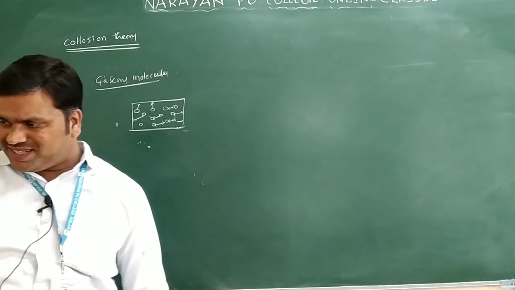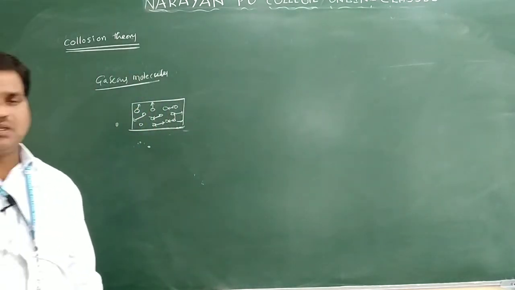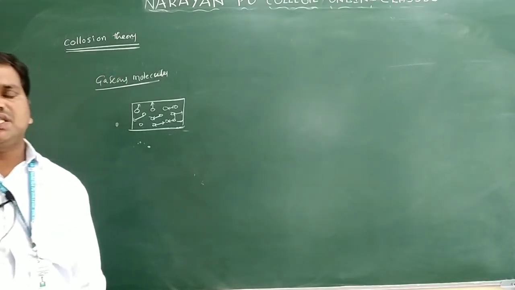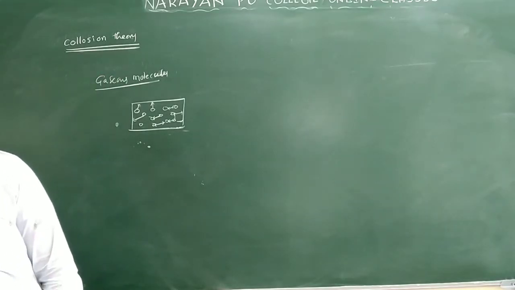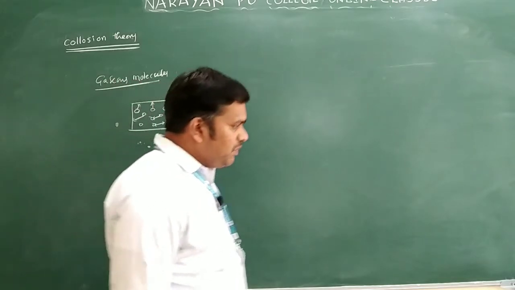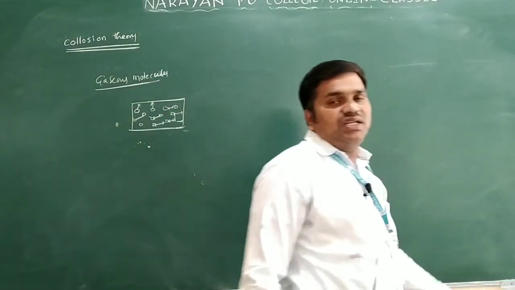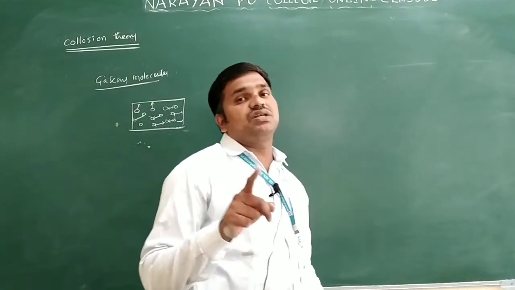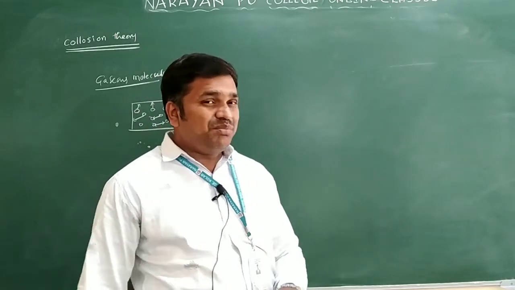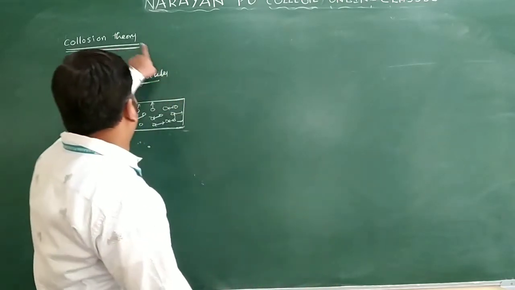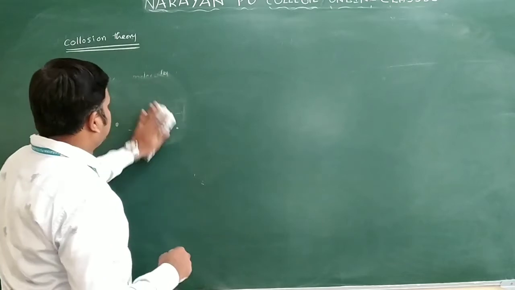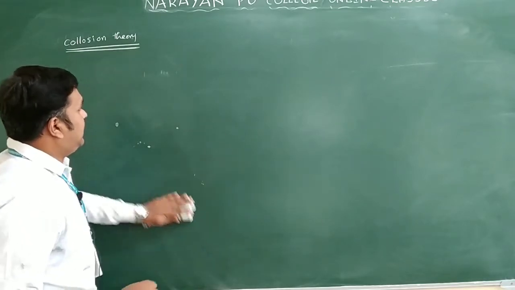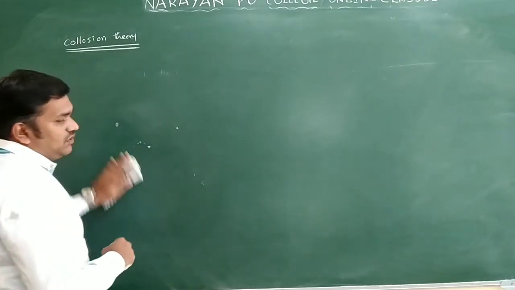So what is the basic requirement for a reaction to occur? The basic requirement for the reaction to occur is that the reacting species must collide with each other. So this is the basic requirement for which theory? Collision theory. The reactant molecules must collide with one another.